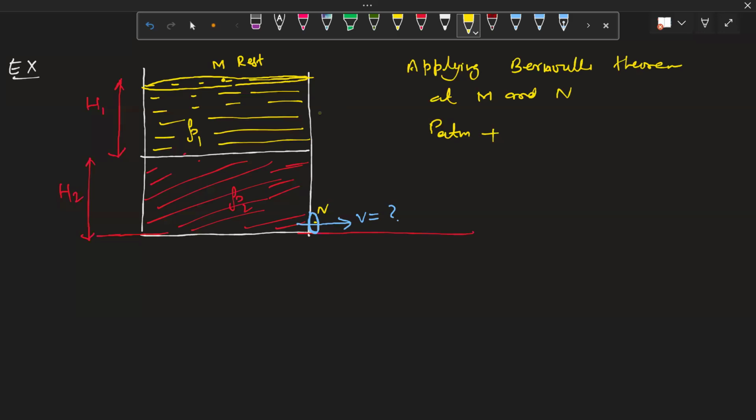But here you can see there are two liquids. This is rho 1. Rho 1 is up to height h1 only. Rho 2 is height of h2. So pressure energy you have to write separately.